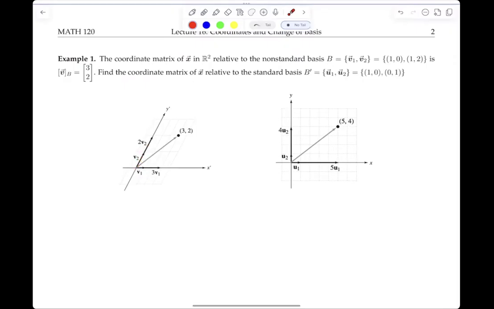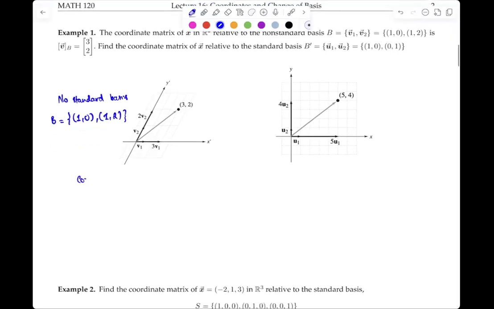Now, these coordinates give you 3, comma 2. Okay, so let me illustrate something here. So you have a non-standard basis, and in this case, you have the basis to be B. Okay, so V1 is 1, comma 0, V2 is 1, comma 2. Okay.